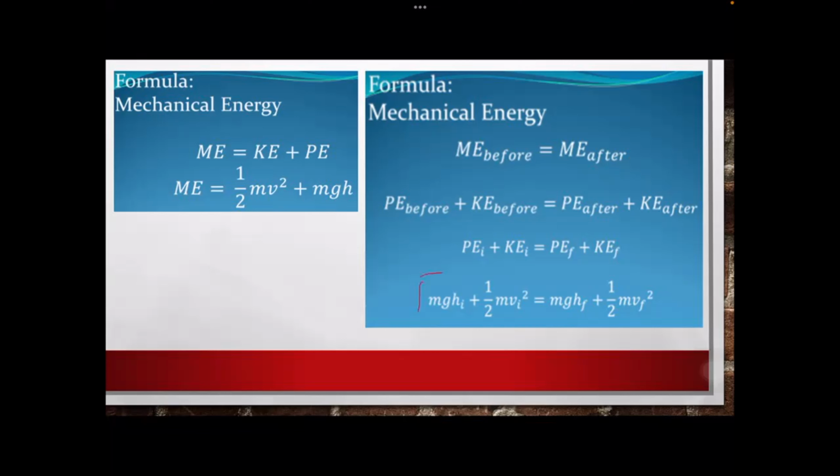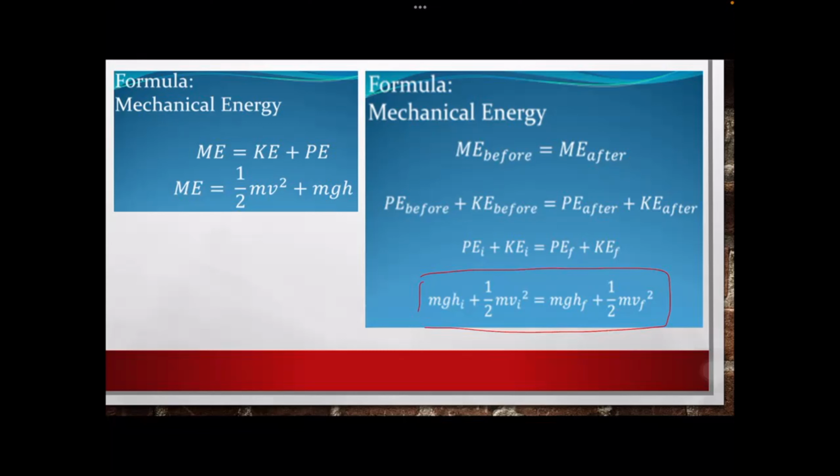So, we will have mgh sub i, where i is the initial, plus 1/2 mv sub i, also initial, squared, is equal to mgh sub f, that is the final, plus 1/2 mv final squared. So again, we will have the initial and the final, or before and after.